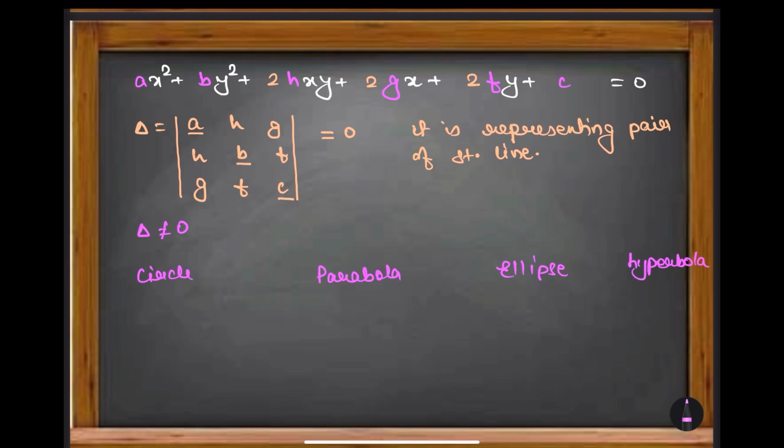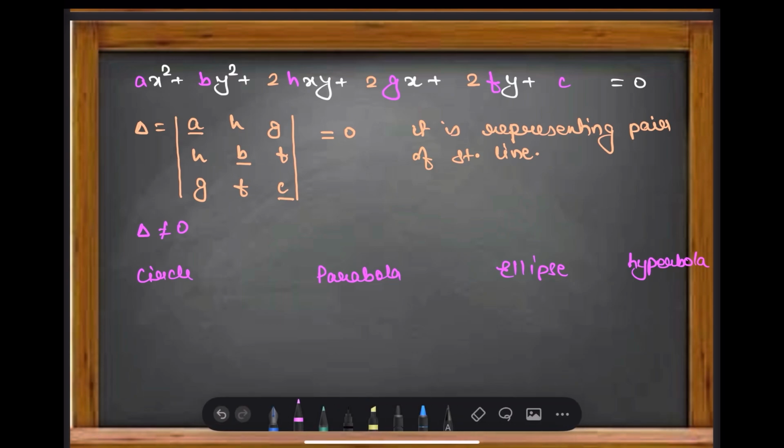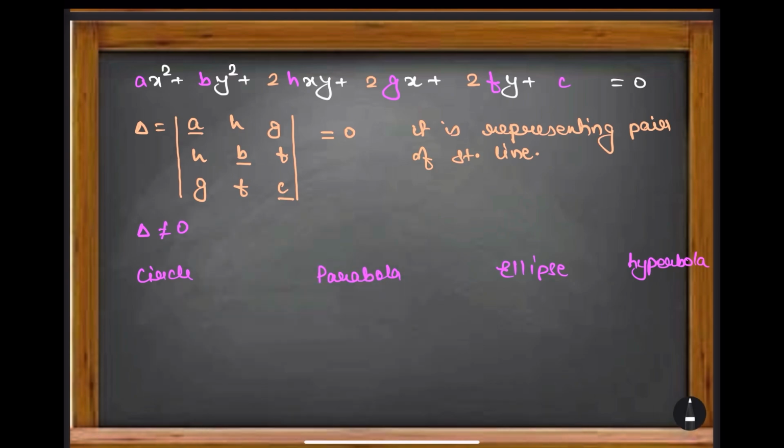Now, when we have this equation as a circle, then if A equals B equals 1 and H equals 0, this thing will represent a circle. For a parabola, H square must be equal to AB, and eccentricity should be equal to 1.